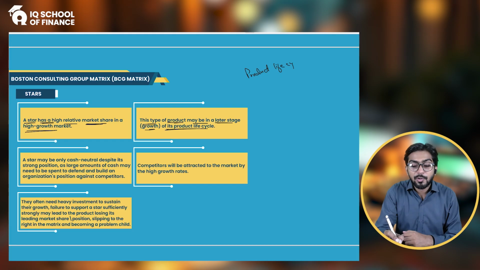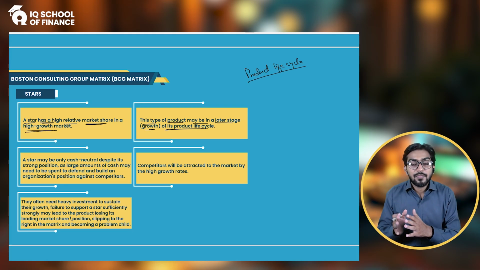So we have the phases: the startup phase, then the growing phase, then the maturity phase, then the decline phase. So the star product usually is in the growth phase of the product life cycle because the growth rate is high.